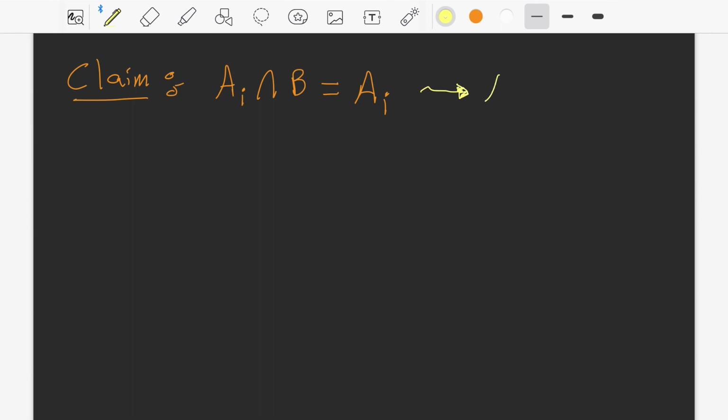Now, what we will get is this claim: that A_i intersection B will be equal to A_i. Of course, this means that A_i will live inside B. That's what we are aiming for.